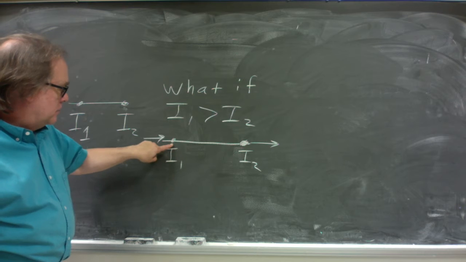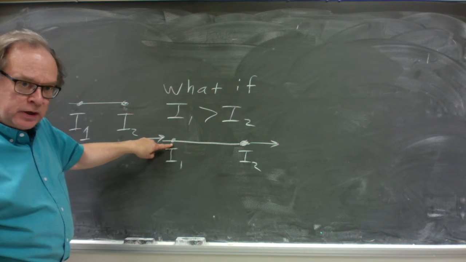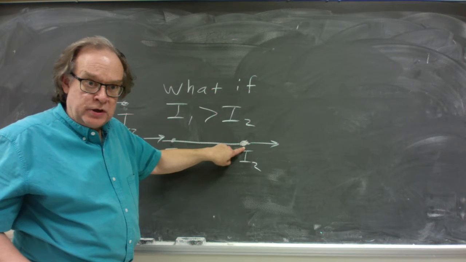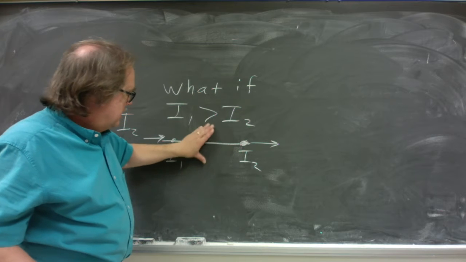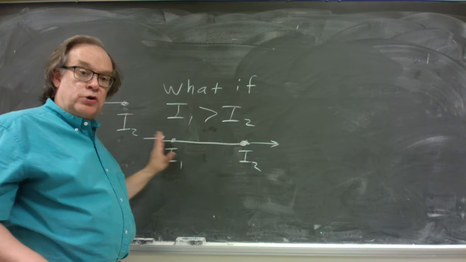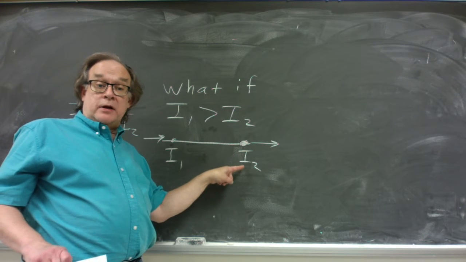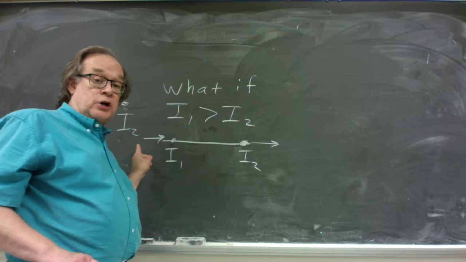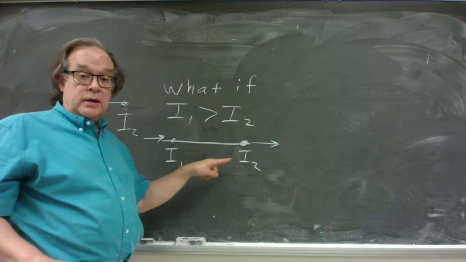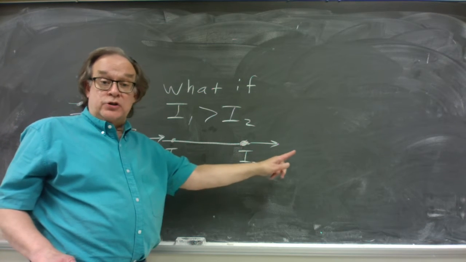Well, if the rate at which charge passes by this point is bigger and the rate at which charge passes by this point is lower, then charge is going to pile up in this region here. There'll be more charge coming into this region than there is leaving. Right? The rate at which charge enters this region, which is just I1, is faster than the rate at which charge leaves this region, which is I2.